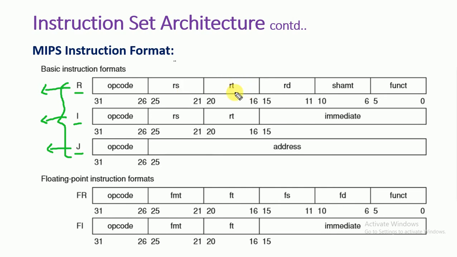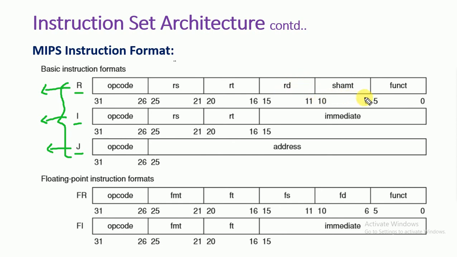Then second is RT, another register, that is the second register value to be manipulated. In the case of MIPS we have these two, RS and RT, 2 register values of 5 bits each. Then one more 5 bits for another register, that is the destination register, where we store the result.